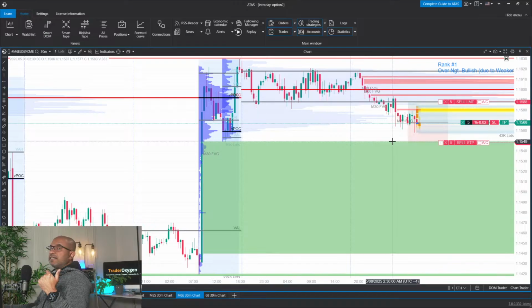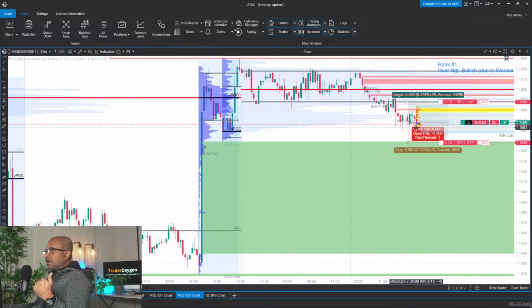Then the second thing for you guys to understand is, in our managed accounts, our in-house traders will get partial profits, right? And then we'll keep the trade running further.